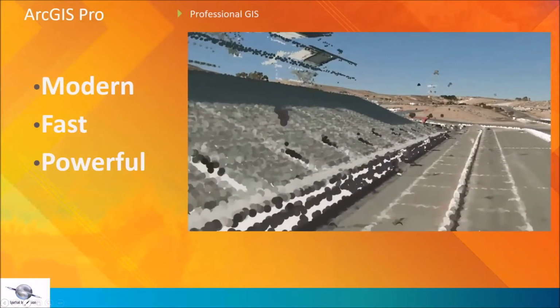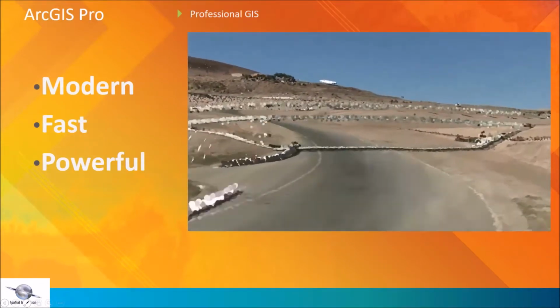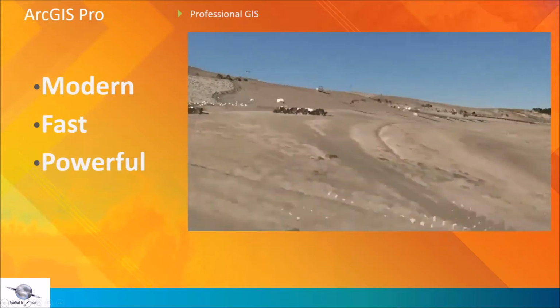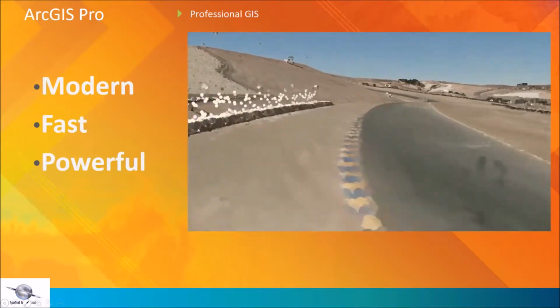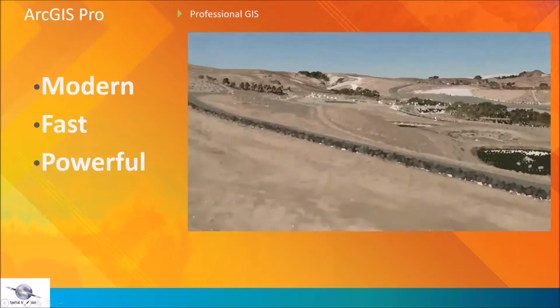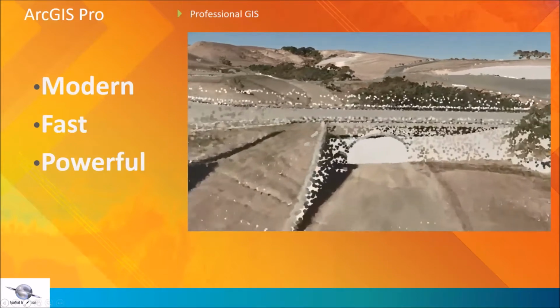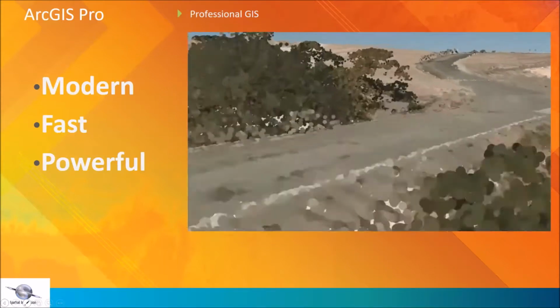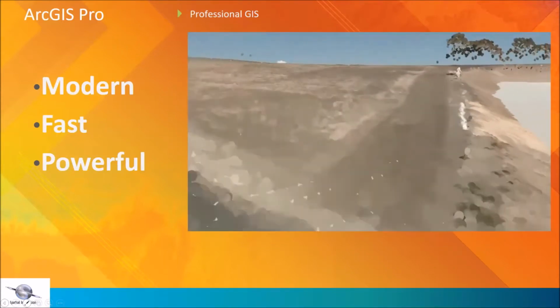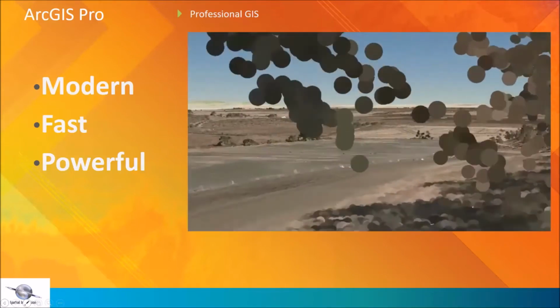So what makes Pro modern, fast, and powerful? Pro is modern because it supports 2D and 3D for visualization, for editing, and for spatial analysis. It is fast. The brand new graphics engine that supports 2D and 3D allows this app to always remain responsive.